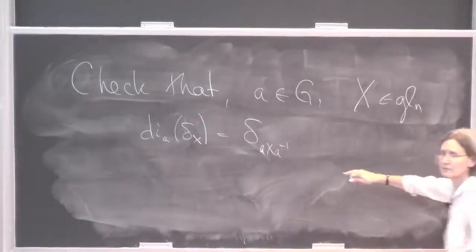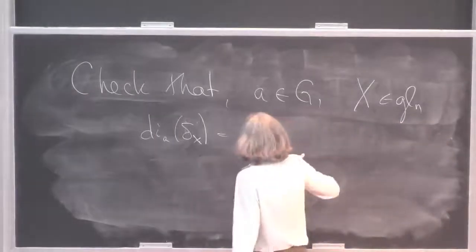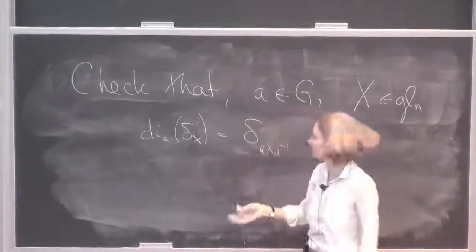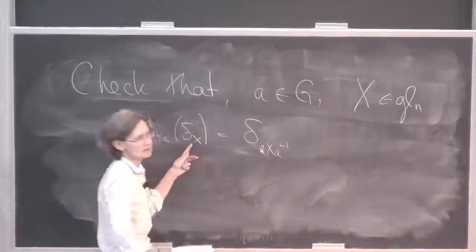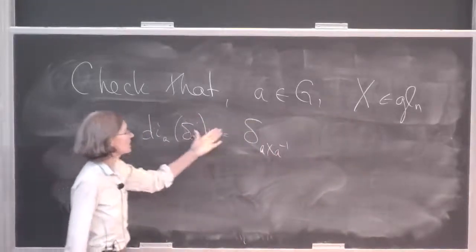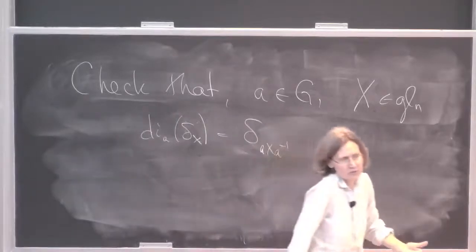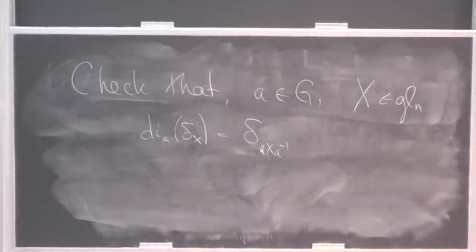This is really doable, in your spare time. So if you identify the Lie algebra with X via this isomorphism over there, then GL is just acting on little gl by conjugation. It's wonderful.